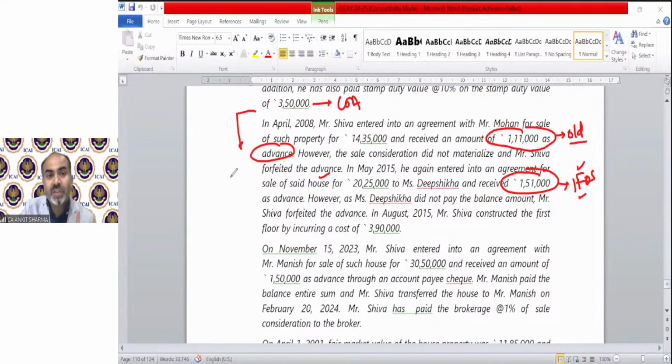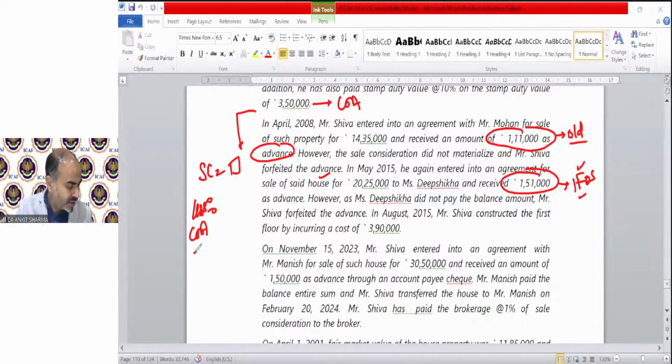So you can see the solution, the sale consideration will be there at the time of calculation of capital gain, and when they are calculating the cost of acquisition of that asset, the cost of acquisition will be 3,90,000.